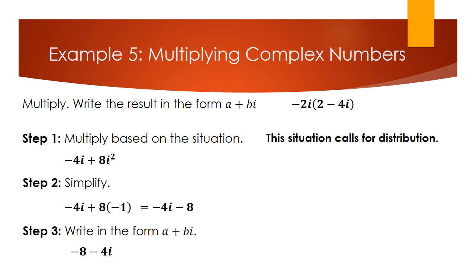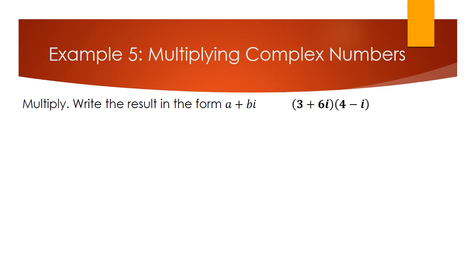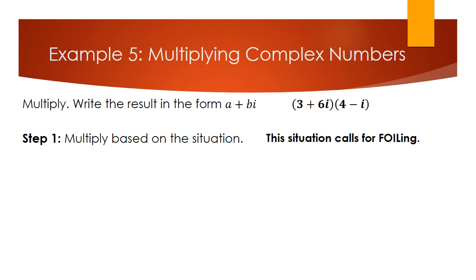Let's look at another situation. We have the quantity 3 plus 6i times the quantity 4 minus i. We're going to multiply based on this situation. This one calls for FOILing. First, outers, inners, last. The first terms, 3 times 4 is 12. The outer terms, 3 times negative i is negative 3i. The inners, 6i times 4 is 24i. And the last, 6i times negative i is negative 6i squared.